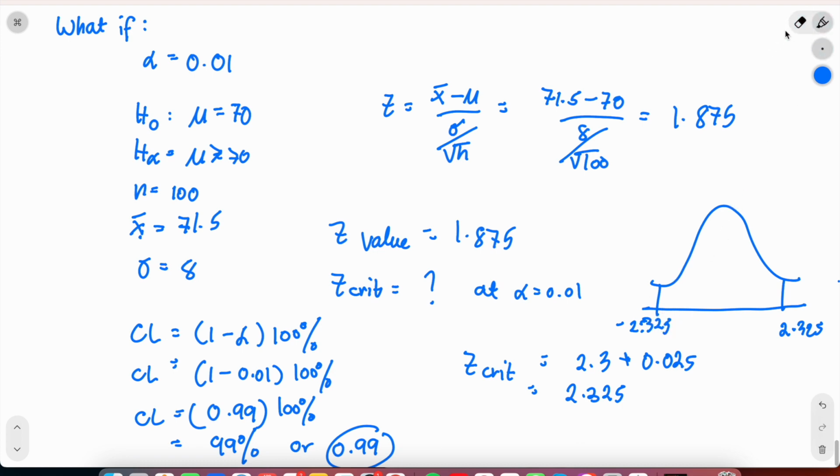And where does 1.875 fall? Somewhere here, right?